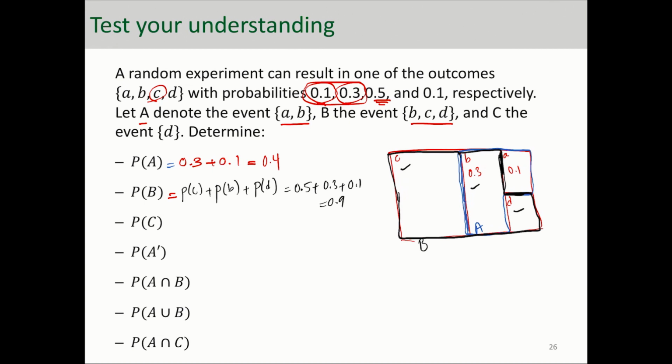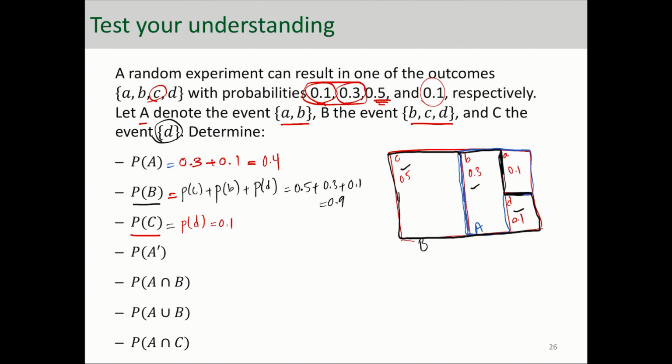About 90% chance that event B occurs. Now, in event C, we only have outcome little d, and that is 0.1. So probability of outcome d, which is 0.1.